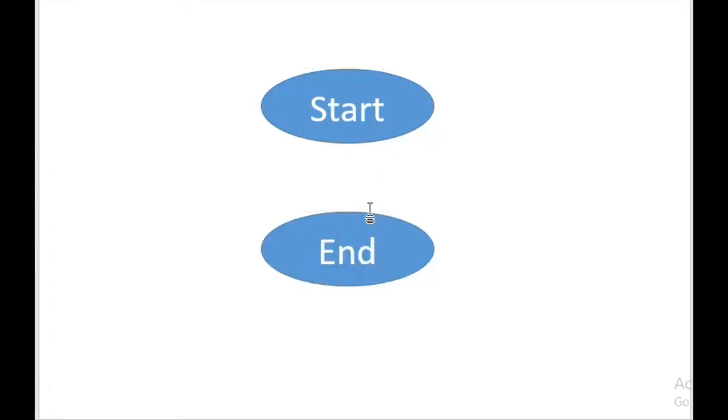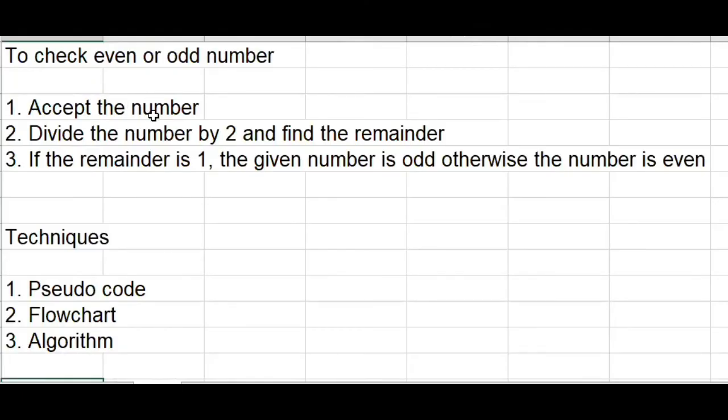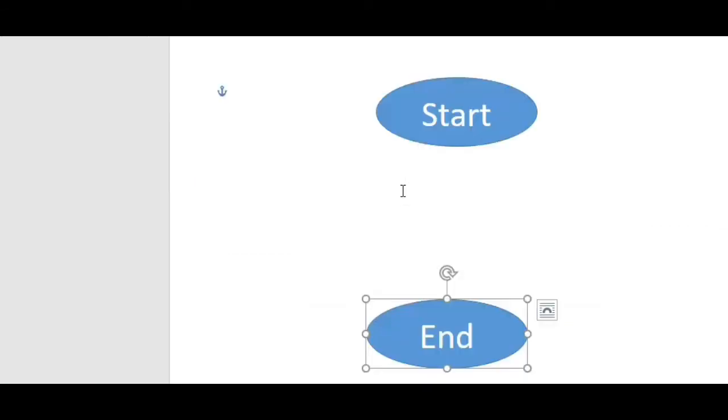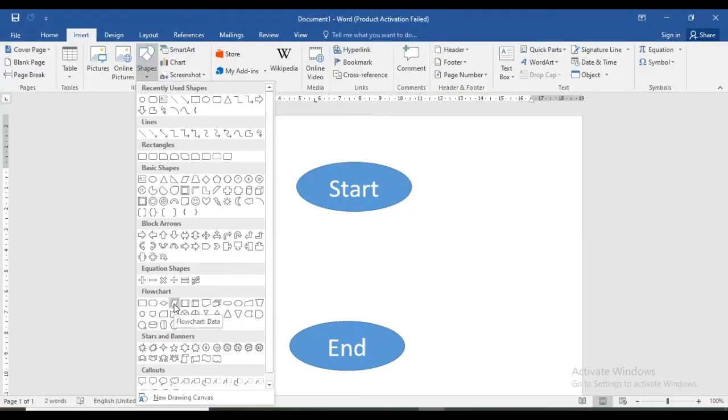In between, we are defining steps for that problem, solving that problem. The next step is to provide a number. Here you can see, accept the number. Then the computer is going to ask for input, that is a number, the number that we are going to check for whether it is even or odd.